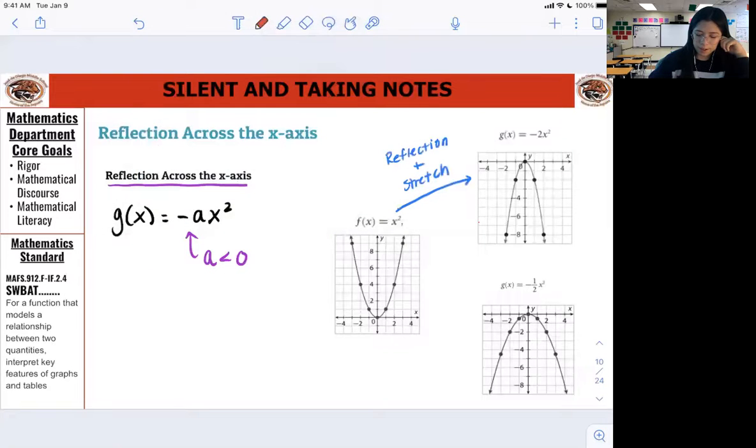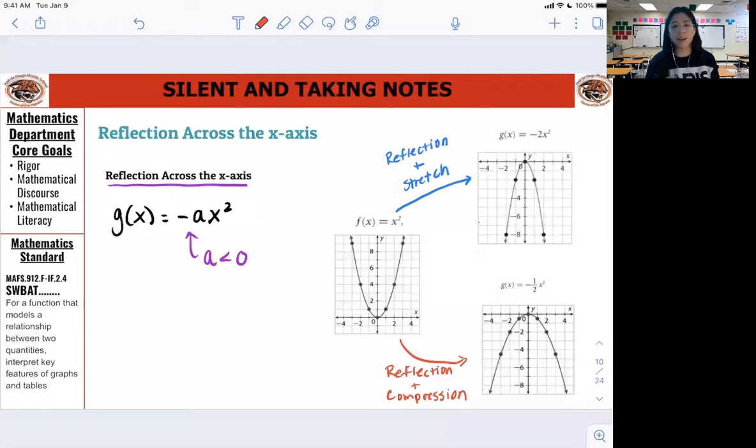And on the other hand, I have a reflection and a compression, exactly. So they're two different things, right? The negative takes care of the flipping, the reflection, and the actual value, the actual number, takes care of the stretching and the compressing.